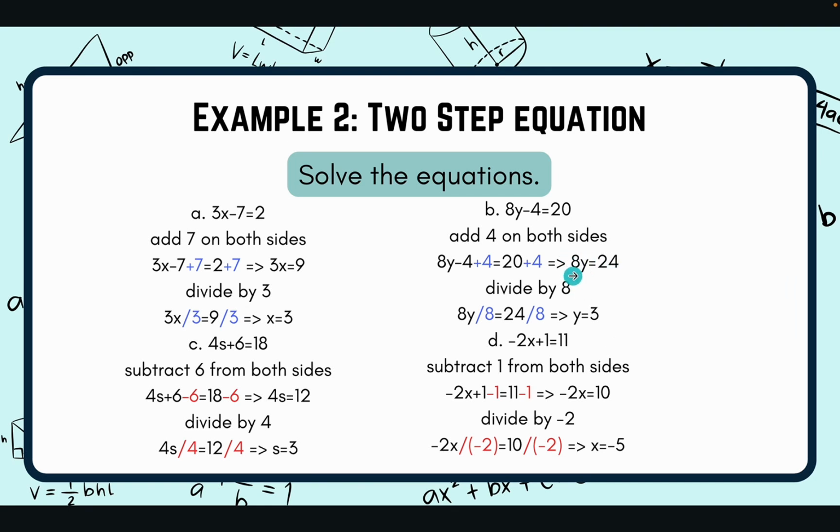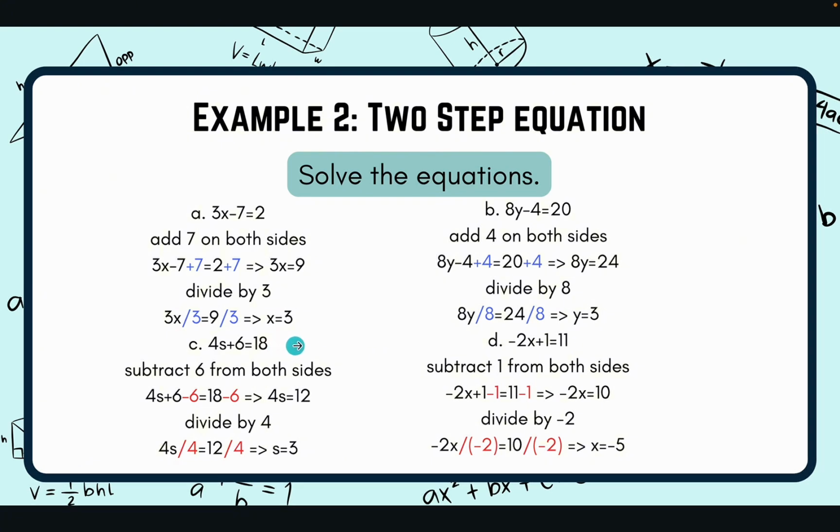So here it is multiplication, 8 times y. So multiplication, then you use division as an inverse operation. So you divide both sides by 8. So 8y over 8 equals 24 over 8, which becomes y equals 3.